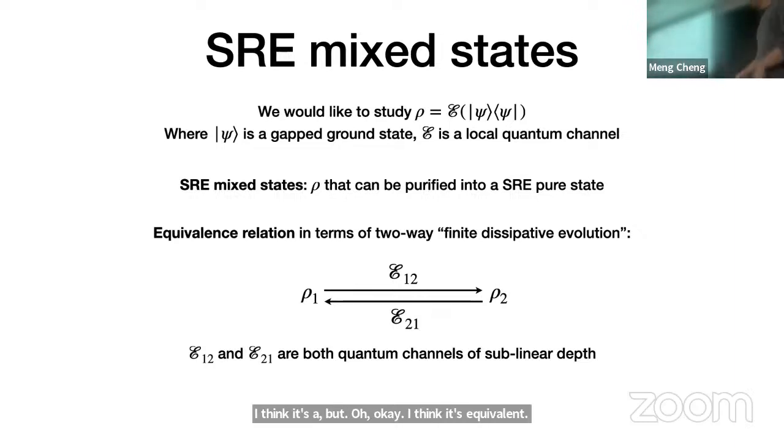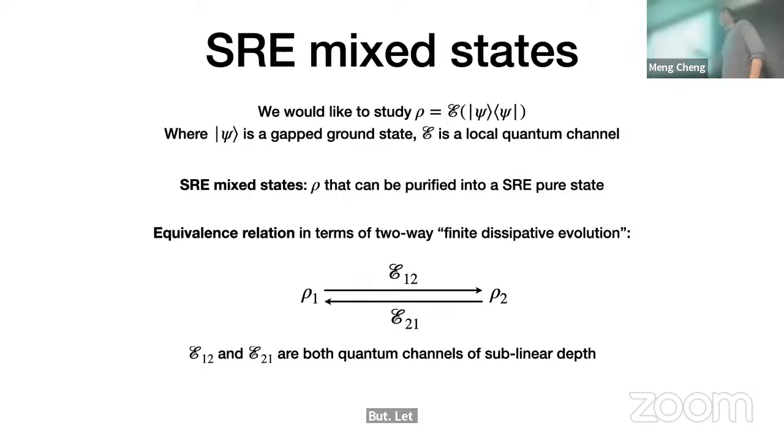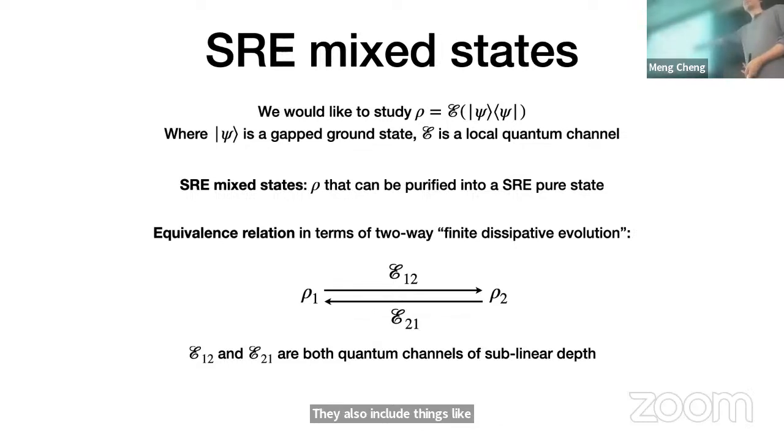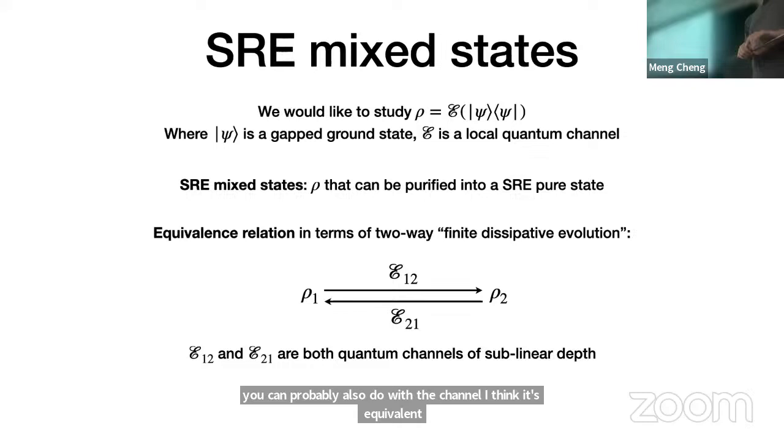let me say a safe thing: this definition includes all such states. It also includes things like, you just take a quantum state and trace out part of it, or you measure out part of it, which you can probably also do with a channel. I think it's equivalent. So I think the top line where you have the ground state and you have a little channel, I guess that could go to a critical point.